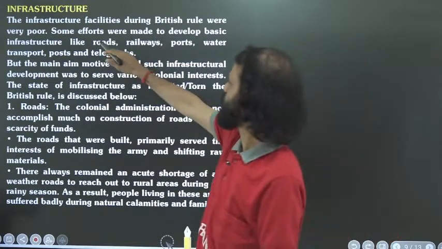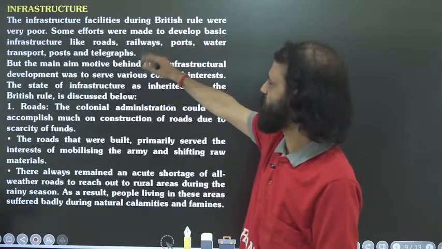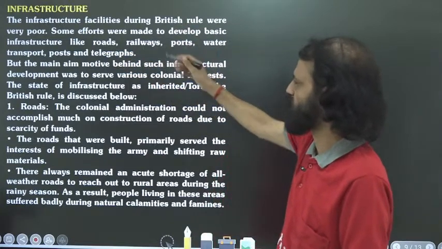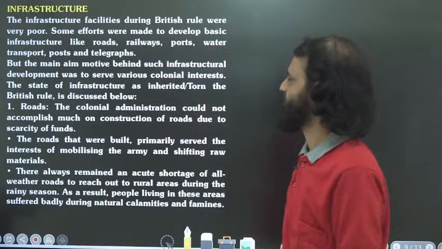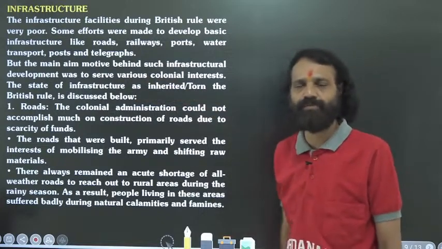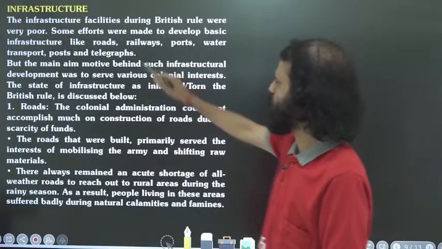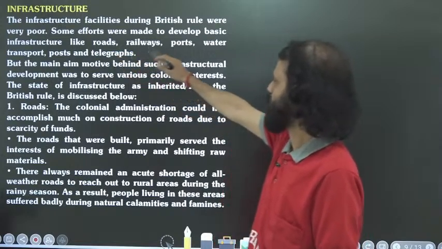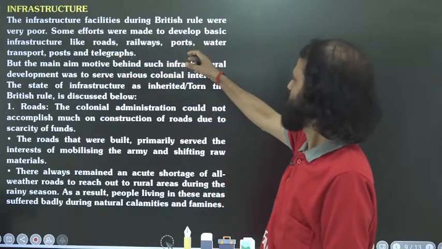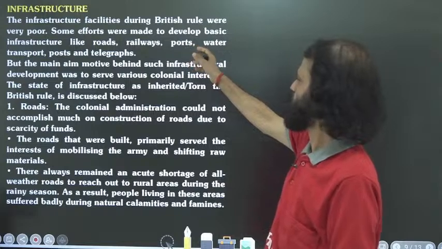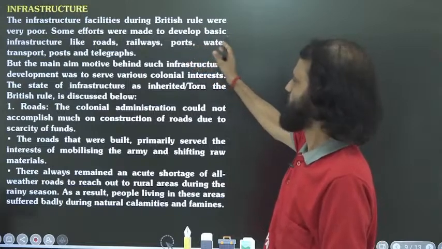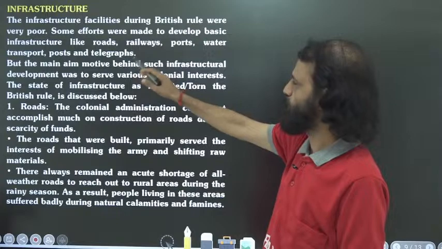Some efforts were made to develop basic infrastructure: roads, railways, ports, water transport, post and telegraph, etc. We can see some changes in the field of roads, transportation, especially railways, ports, water transport, and post and telegraphs.